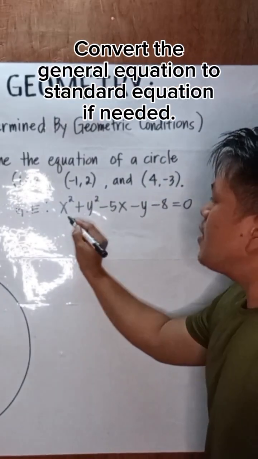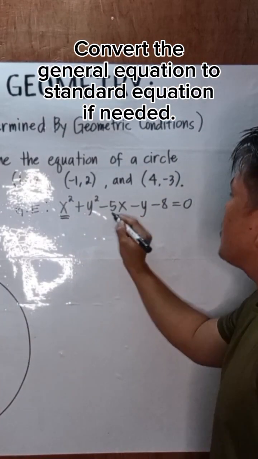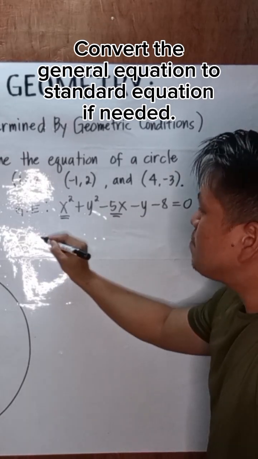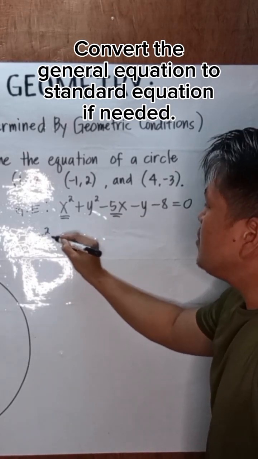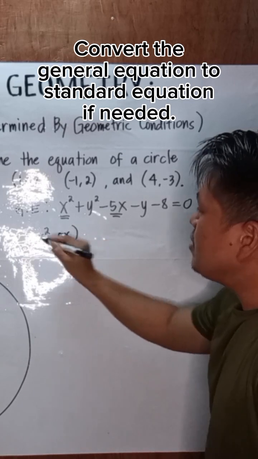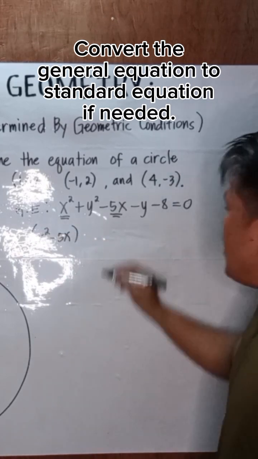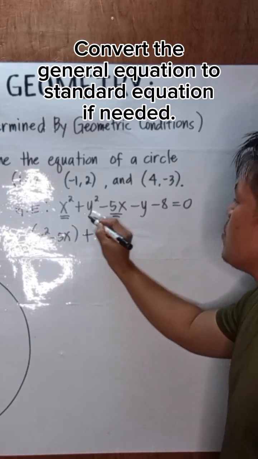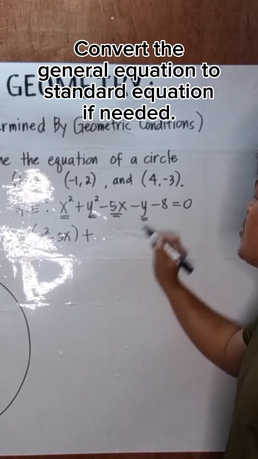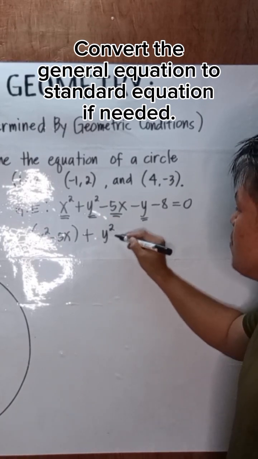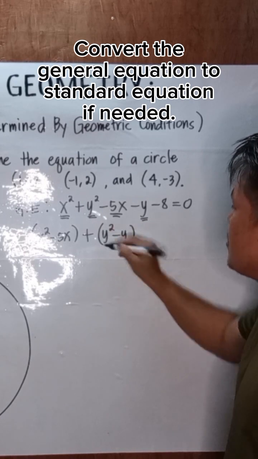Ang i-combine muna natin ay x squared at 5x. So we have x squared minus 5x in parentheses, and then plus y squared at saka negative y. We have y squared minus y.